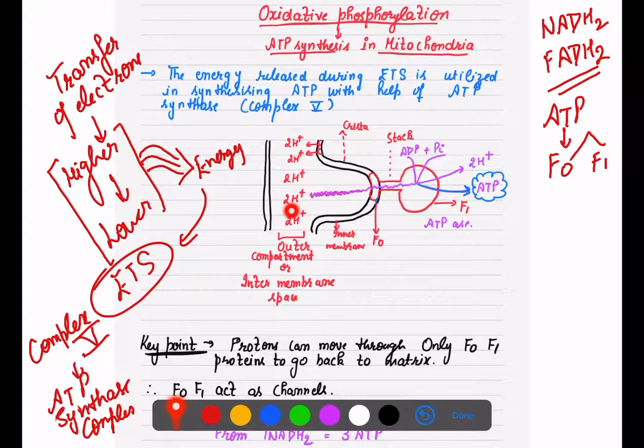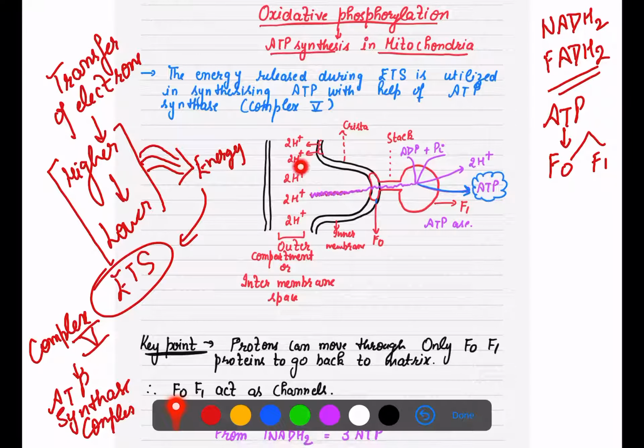Now see, during ETS we discussed that the moment electrons are transferred from higher energy level to lower energy level, protons are being pumped from the matrix into the intermembrane space, that we have learned.